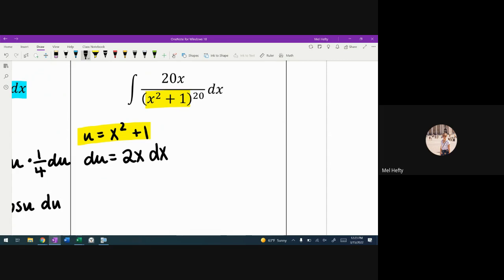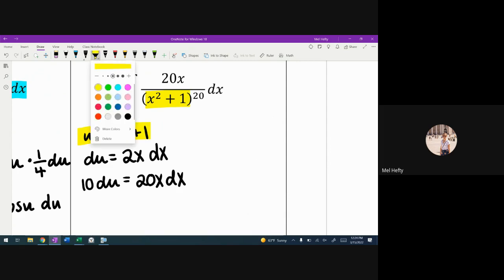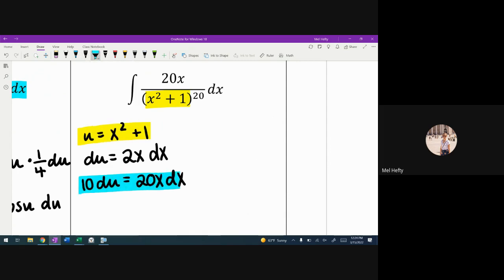You have a couple of options. I could divide by 2 and just substitute in for x dx and leave the 20 hanging out. Or we can try to match that by multiplying by 10 on both sides. So 10 du is 20x dx. All right, so when I substitute, I'm going to substitute 10 du for this 20x dx.